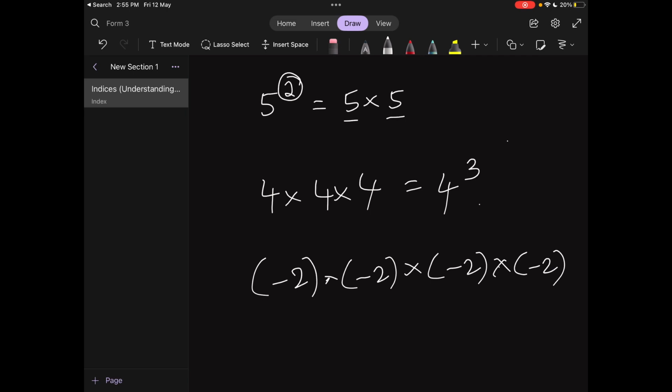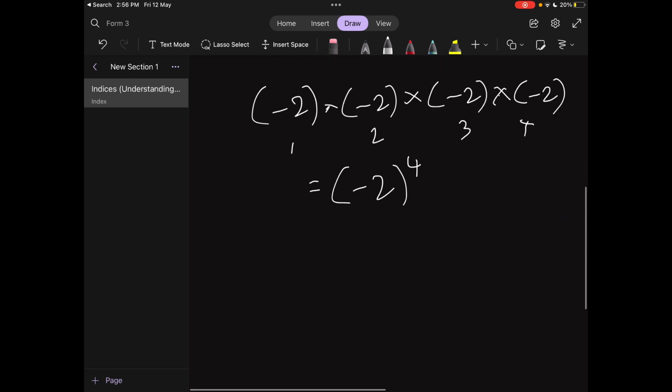The number which is being multiplied is the base, so the base is negative 2. Then the exponent, the index or the power, is how many times it is being multiplied. So we have 1, 2, 3 and 4. So it's safe to say that this whole thing is equivalent to negative 2 to the power of 4. Do you see how simple that is?